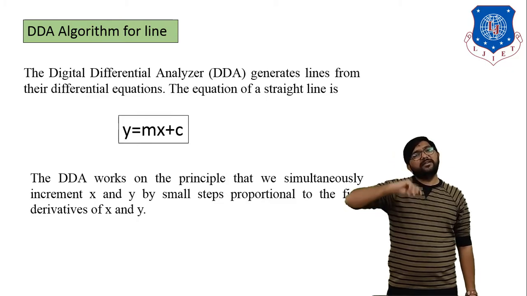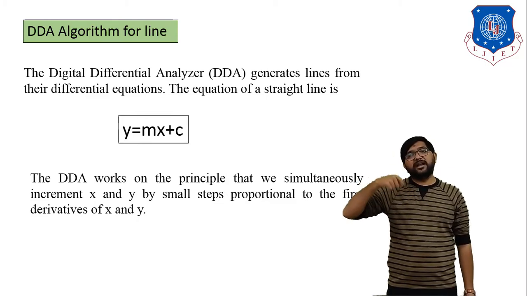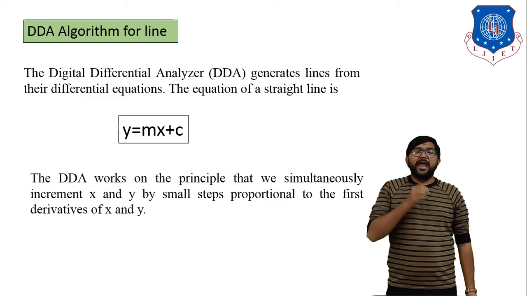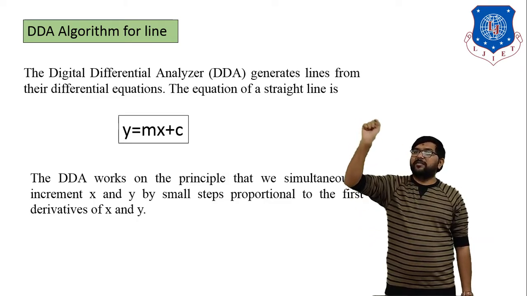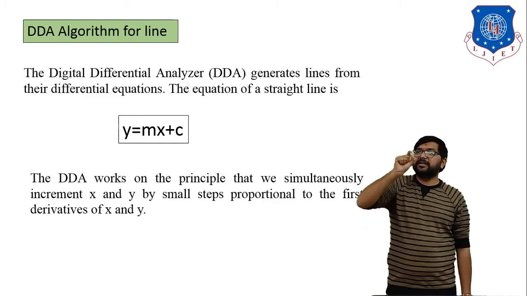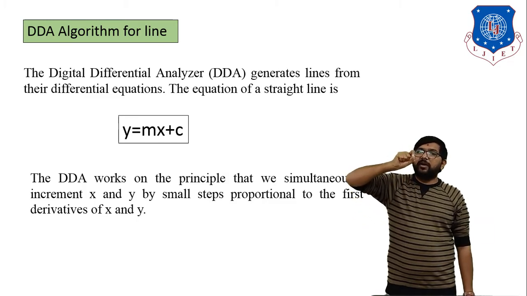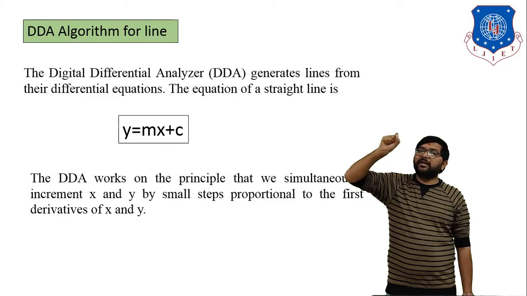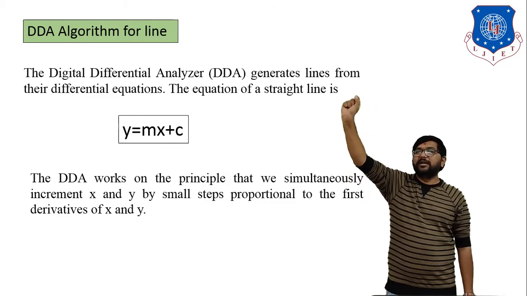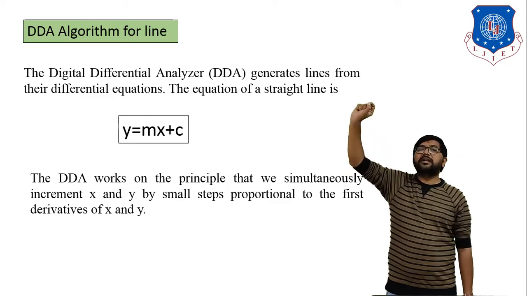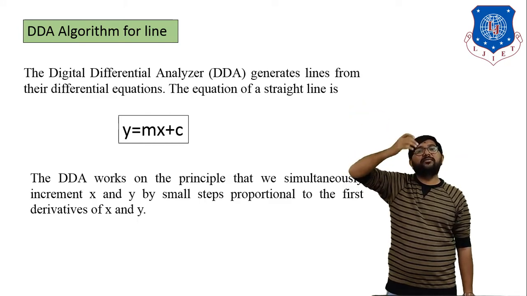That program is a cycle that runs continuously and reaches from the first endpoint to the second endpoint of the straight line. Once you select the first endpoint, then we have to give some small incremental value and reach the last endpoint. Clear? And we draw this straight line. So this is the algorithm for that.